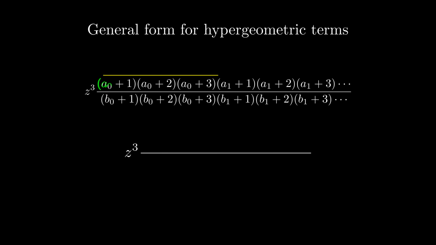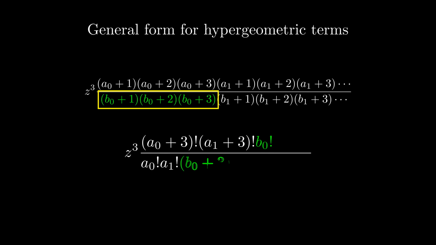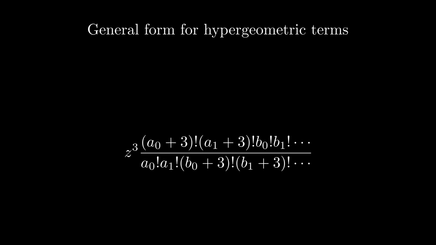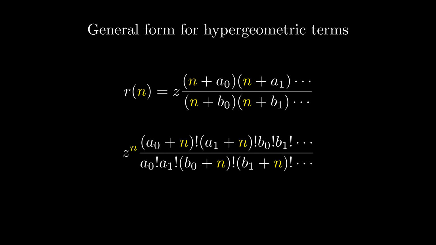Notice that each of these groups of factors can then be rewritten in terms of factorials. The constant here tells us which term we have, so making it a variable gives us the general nth term.